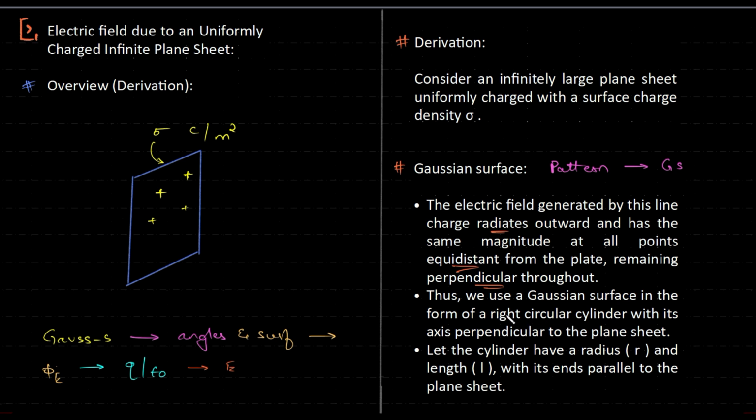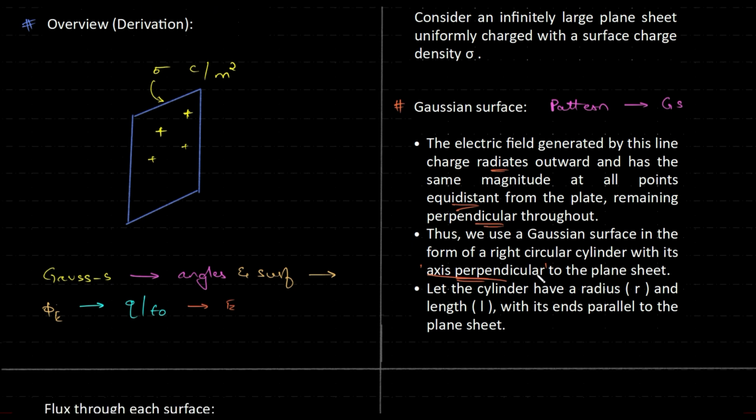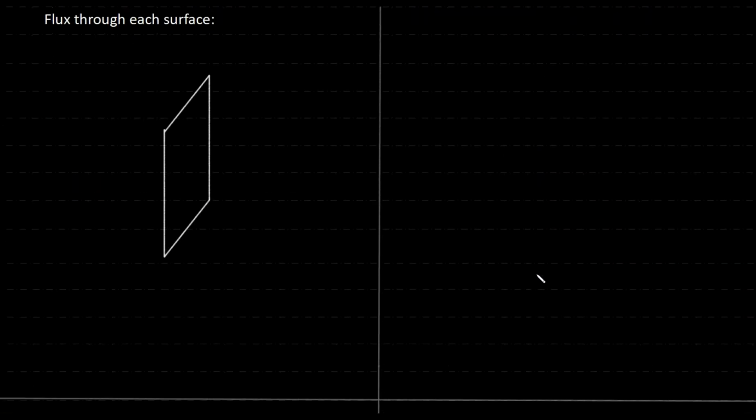Again, we can use anything, to be honest, a cube, cuboid, or a right circular cylinder. Actually, I wanted to use a cube. Anyway, here I've written it as a right circular cylinder, and let that have a radius of r and length L, and its axis is perpendicular to the plane. This is a keyword. If you don't write this, when it comes to a cube or a cuboid, it will be okay.